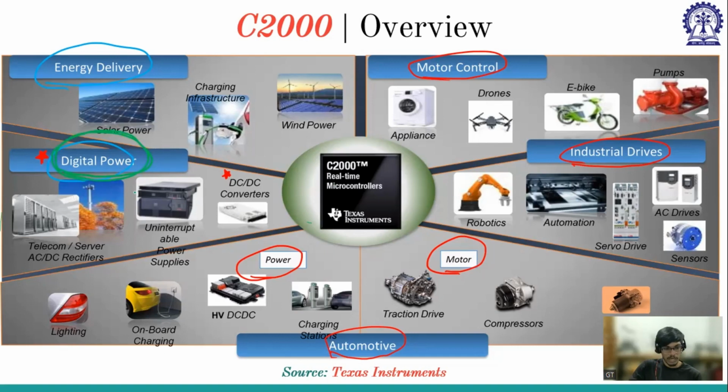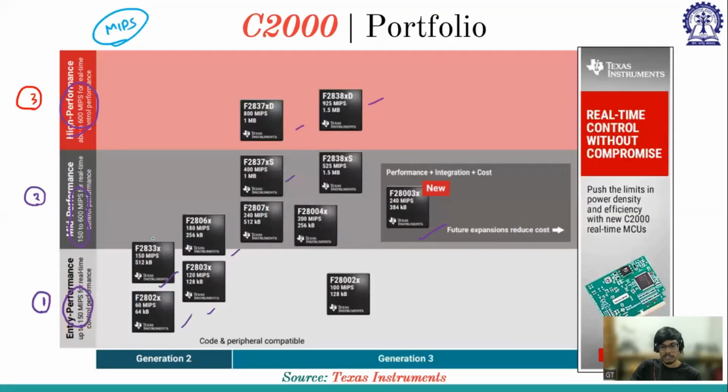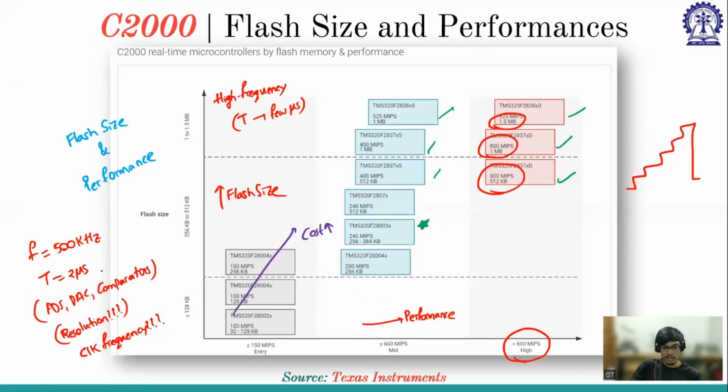In digital power, they have different applications. So you should see which microcontroller is optimized for DC-DC converters. In that, you might be getting 3-4 families. In those 3-4 families, you should compare which family offers what benefits. What is the clock frequency? How many ADCs are available? What is the resolution? All these things, and then you should decide based on the cost and performance.